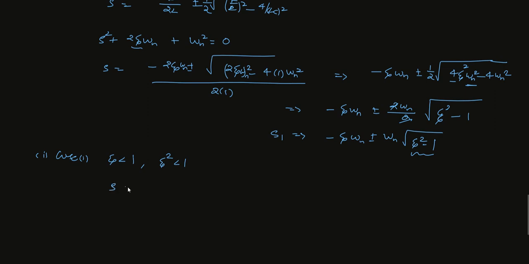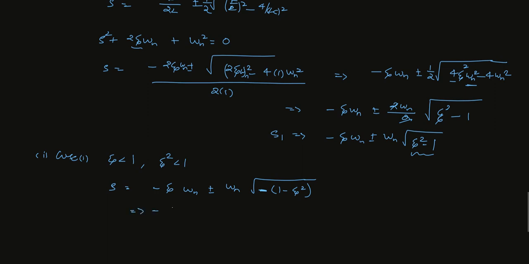So s is equal to minus zeta omega n plus or minus omega n root over 1 minus zeta square, taking the negative sign out. Because zeta is less than 1, you are getting the negative value here.